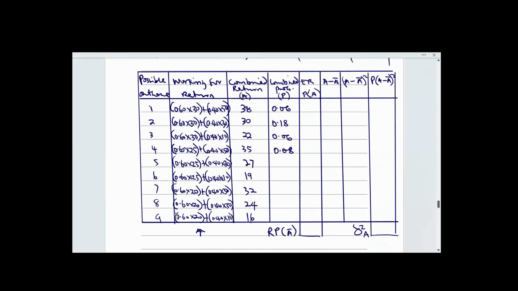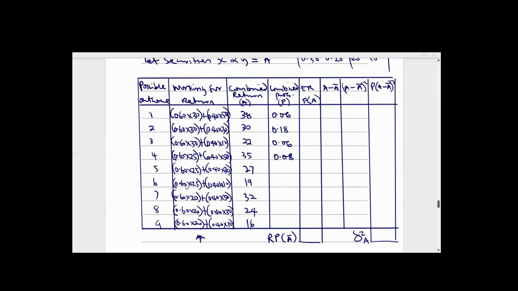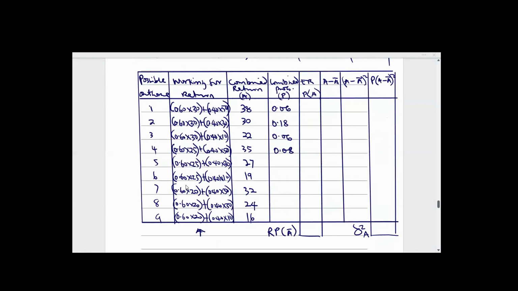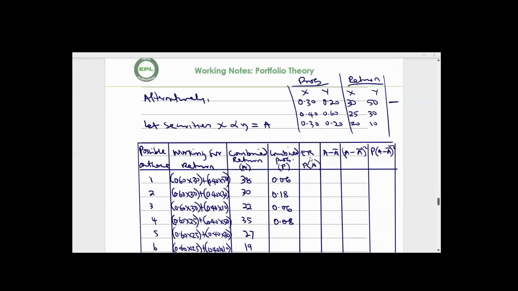All right. Then the probability of 25 for X is still the same thing as 0.4. So here is 0.4 multiplied by the probability of 30 for Y, which is 0.6. 0.4 multiplied by 0.6 equal, that's 0.24.